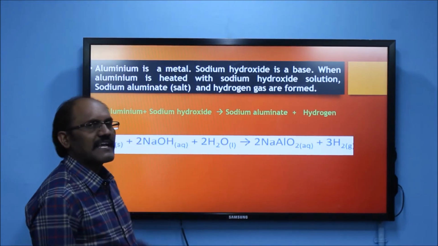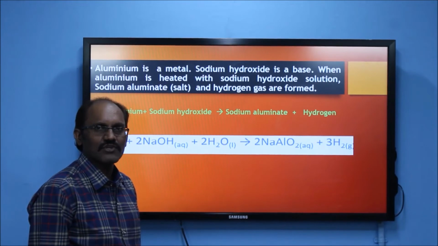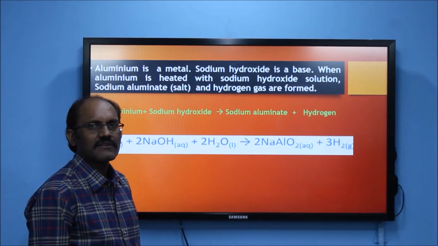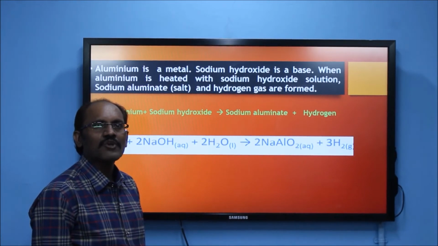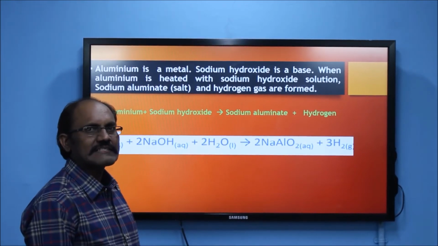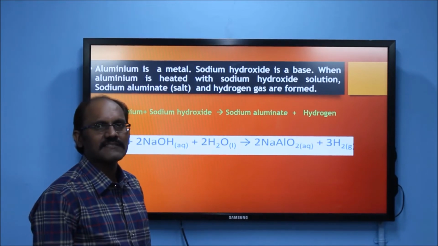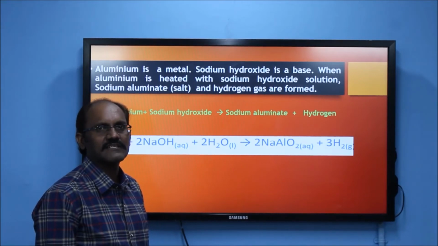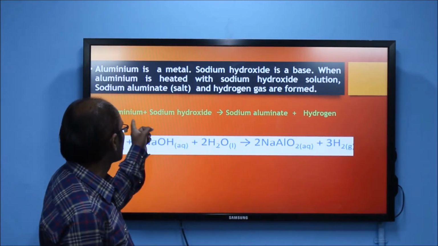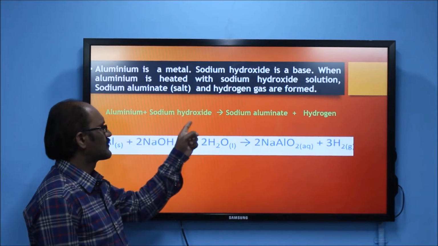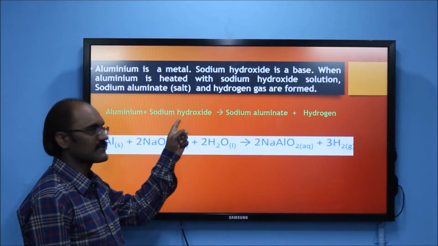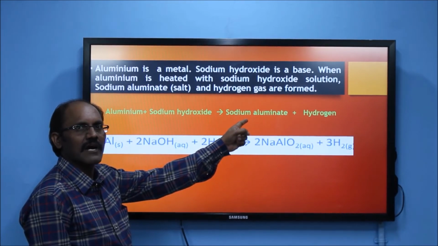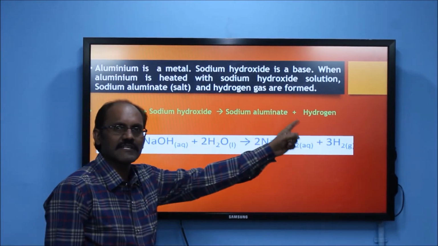When aluminium is heated with sodium hydroxide solution, then one salt is produced called sodium aluminate, and during this reaction hydrogen gas is evolved, and this chemical reaction can be represented in the form of a word equation like this: aluminium metal plus sodium hydroxide, a base, to produce sodium aluminate and hydrogen gas.